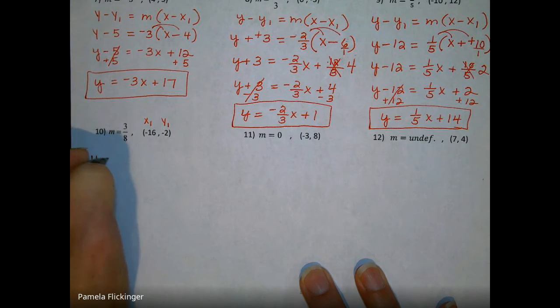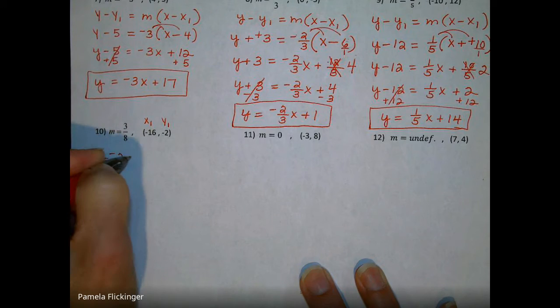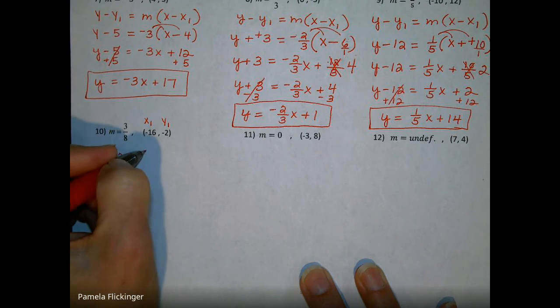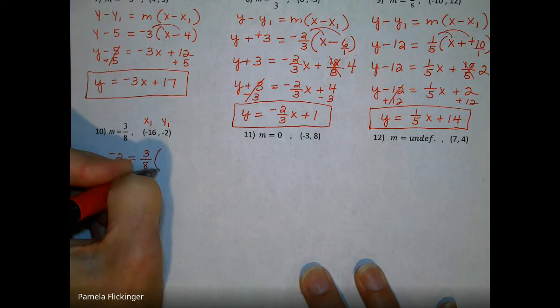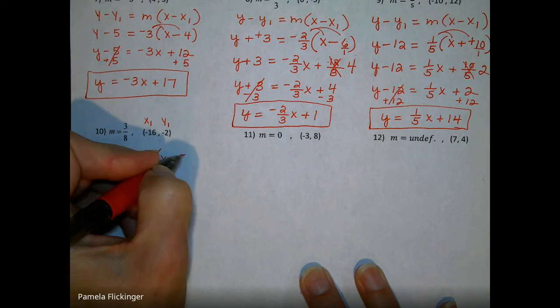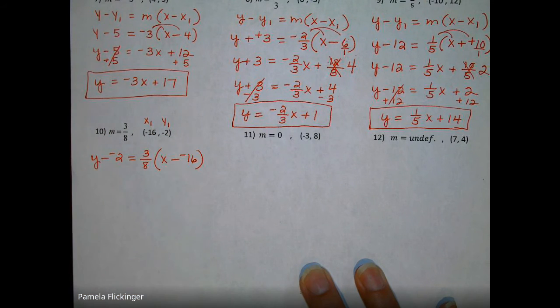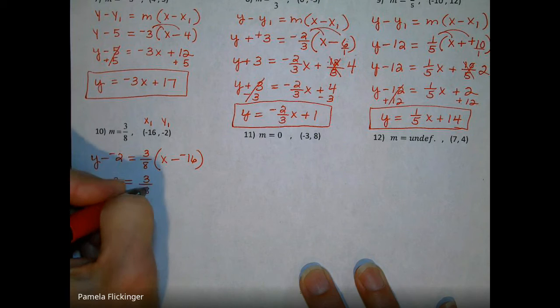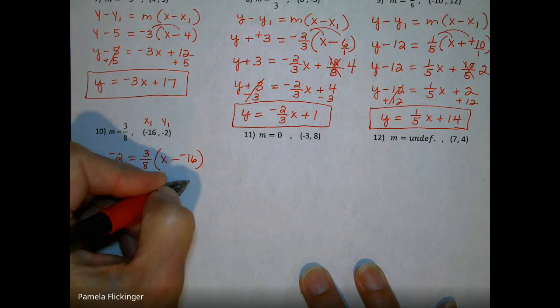So y minus y1, so I'll have y minus a -2 equals m, which is 3/8, times, and then I'll have x minus a -16. So this time I've got double negatives everywhere. So this is really y plus 2 on the left. Y plus 2, and then I've got 3/8 times x plus 16.